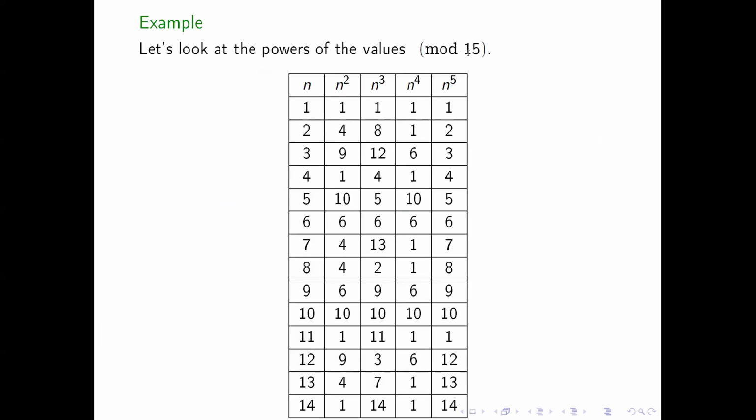So let's take 15. We know that 15 is a product of 3 and 5. Because it's a product of 3 and 5, I just want you to look at this. Obviously 1 to any power is still 1. 2, what do you notice? 3, what do you notice? 4, 5, 6, 7, what do you notice? Go down the list.